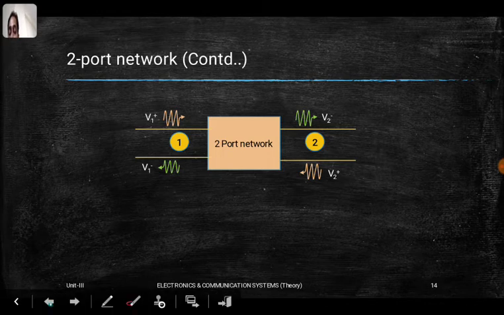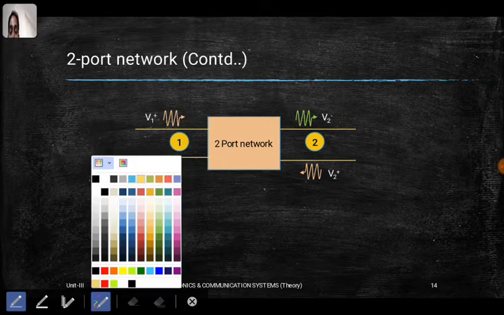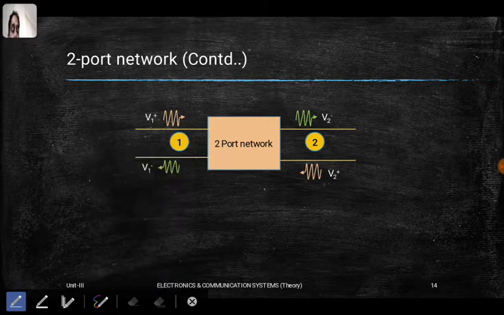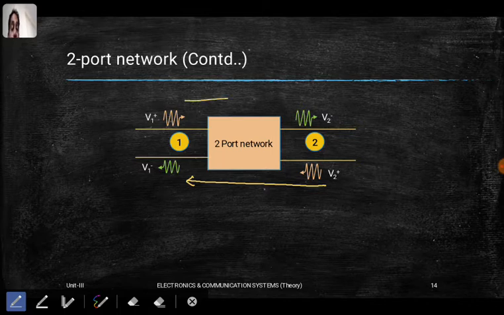Is it clear? So part of V1 plus can go into V2 minus, transmitted to the output, and part of V2 plus can go to V1 minus also.